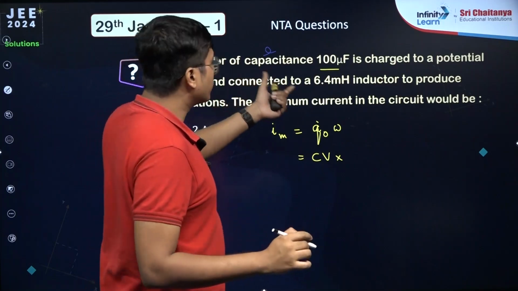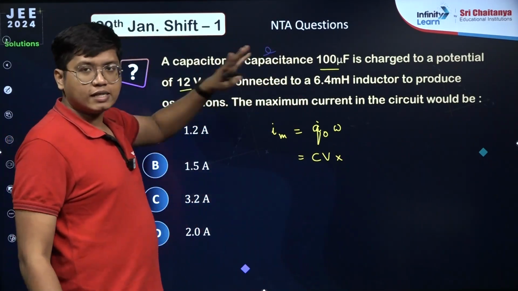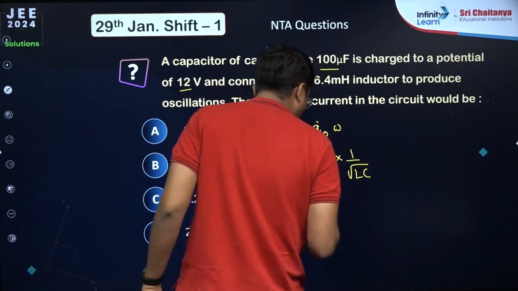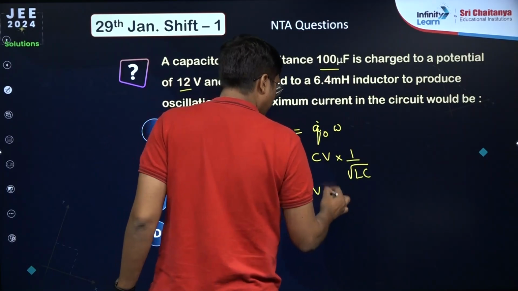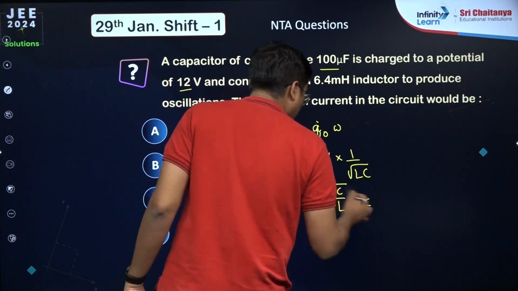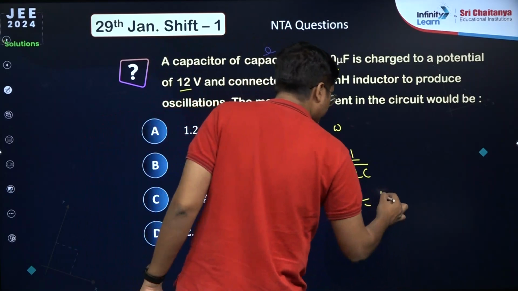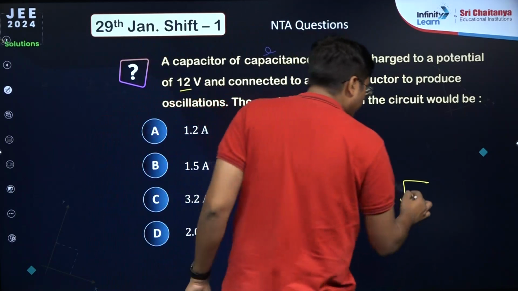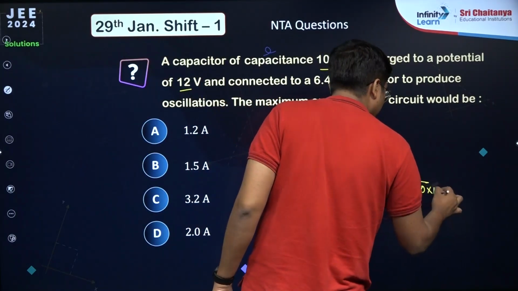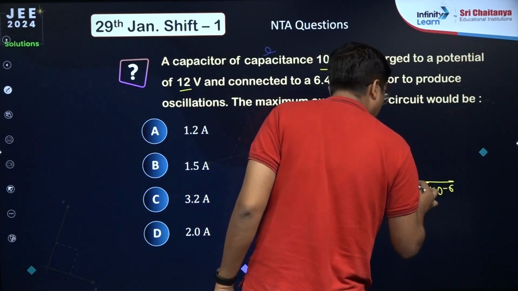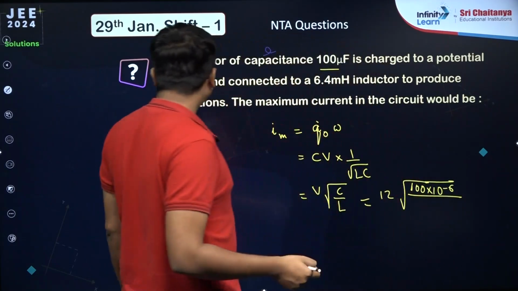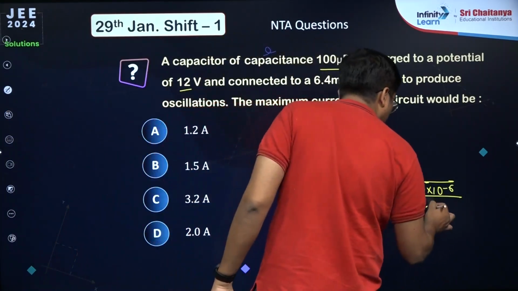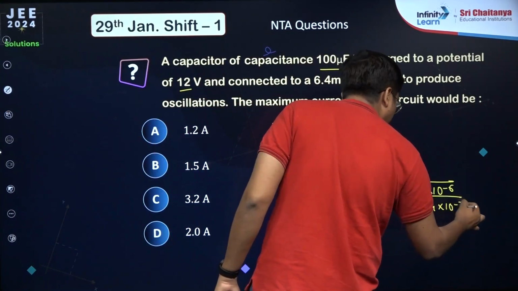Since it's an LC circuit, the omega value is 1 by root LC. So it is just V root over C by L. Put the values in. V is 12. The capacitance is 100 microfarad, so 100 into 10 to the power minus 6, divided by the inductance, 6.4 into 10 to the power minus 3.